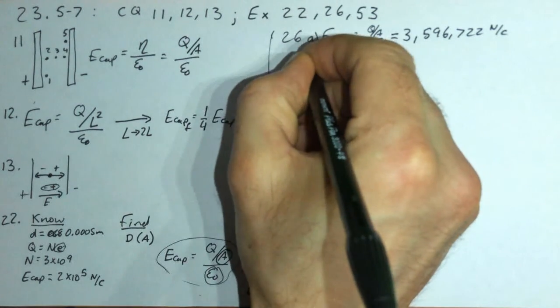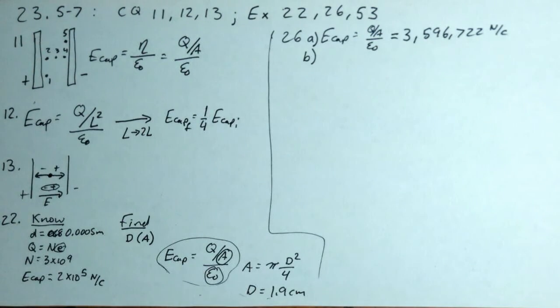Now part B, now that you have the electric field, can you do part B? So B is what kind of a problem? It's a kinematic problem, right? We have a proton, it's shot from the negative disk towards the positive disk, and so this is a kinematic problem.